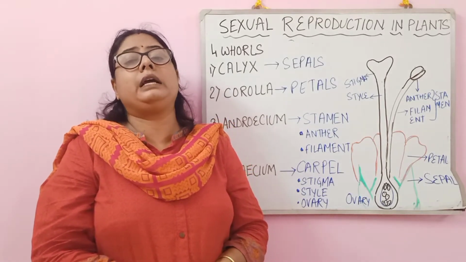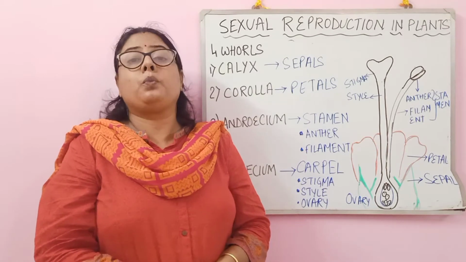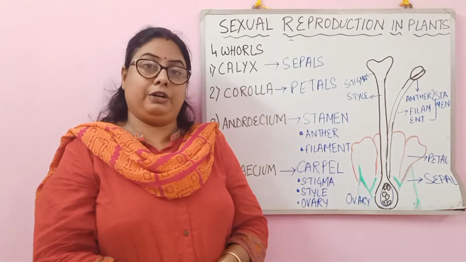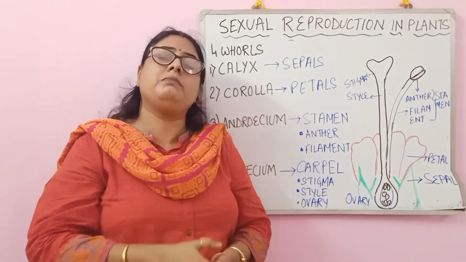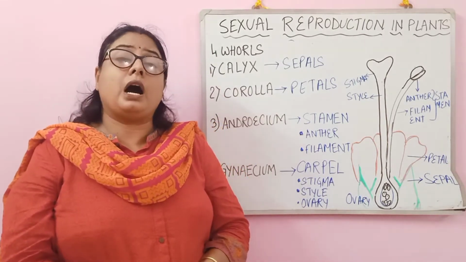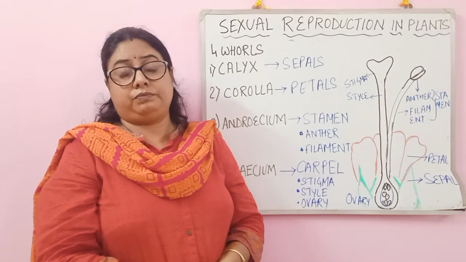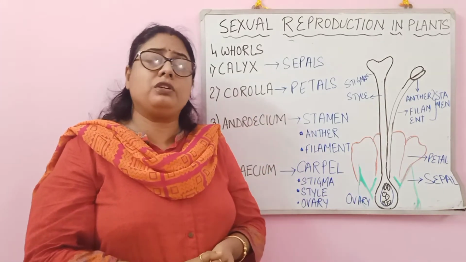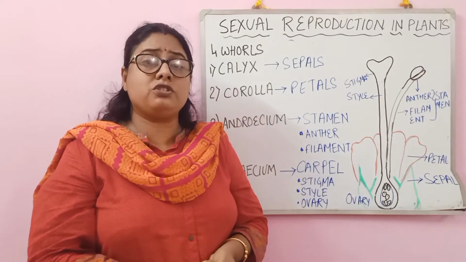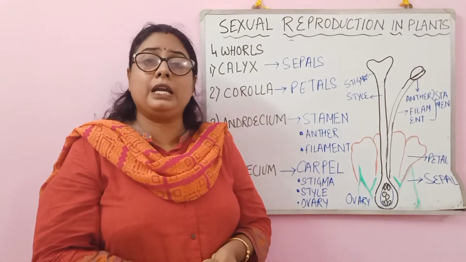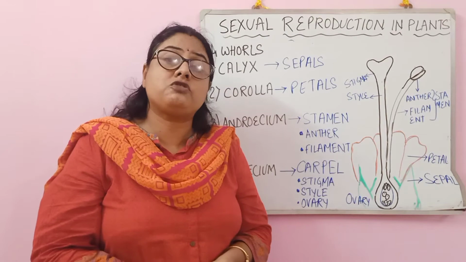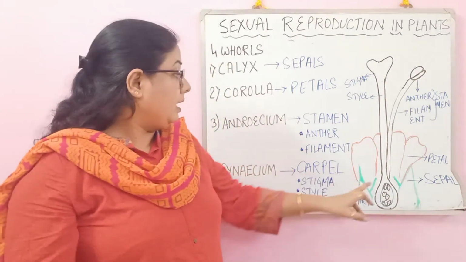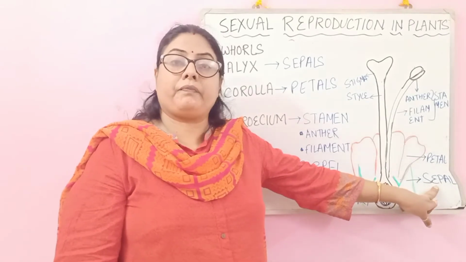Now, if we look at the structure of a flower in detail, we will get 4 whorls from outside, meaning 4 layers from outside. The outermost layer, imagine a China rose flower, is constituted by green leaf-like structures, which are known as sepals.